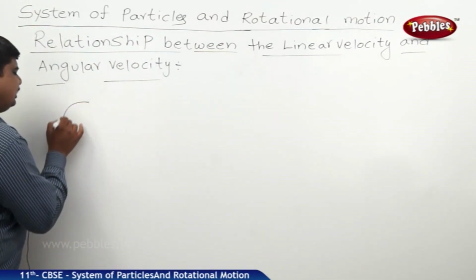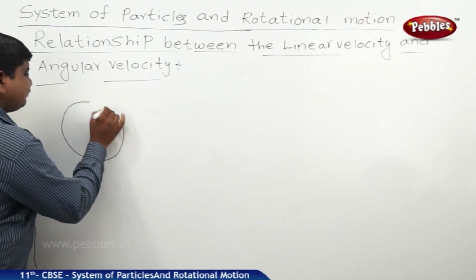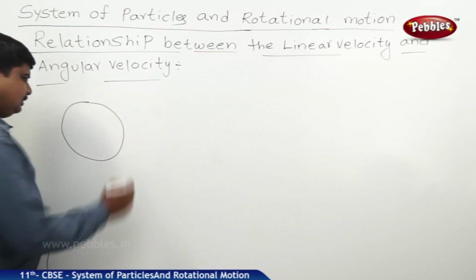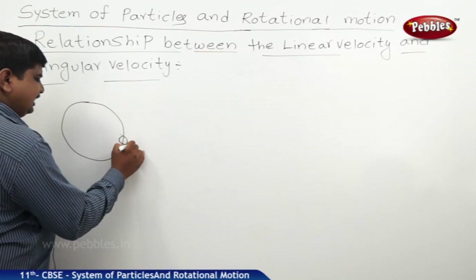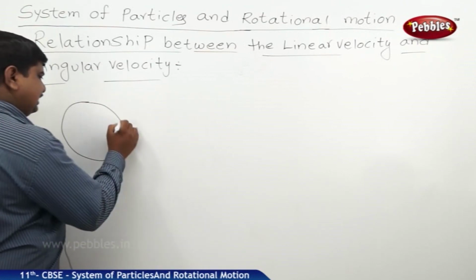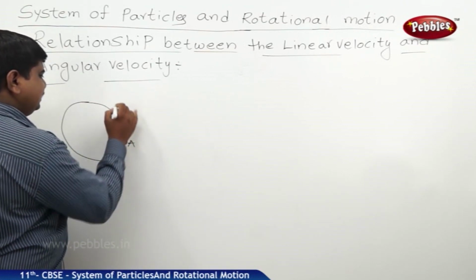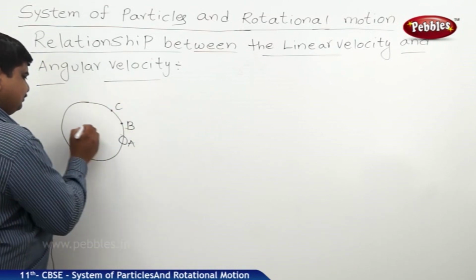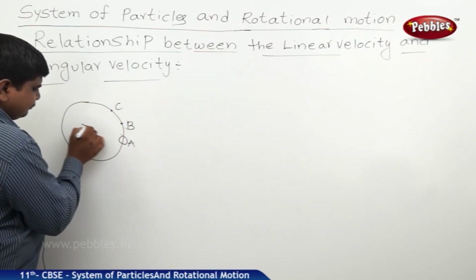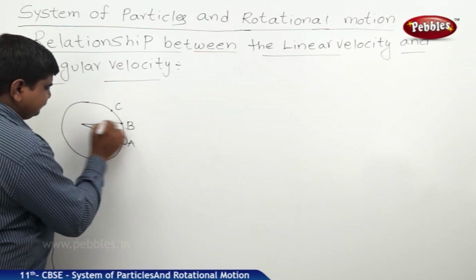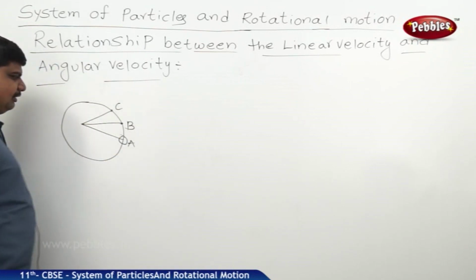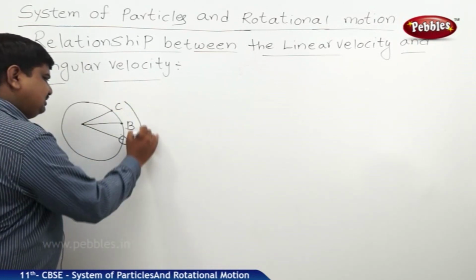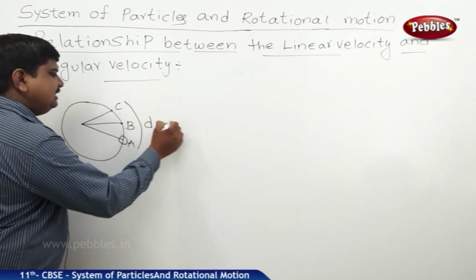Let us suppose the body is moving along the circumference of a circle. Initially it is at position A. Next it is at position B. Next it is at position C. So like this we can draw. From A to C there is angular displacement d theta.